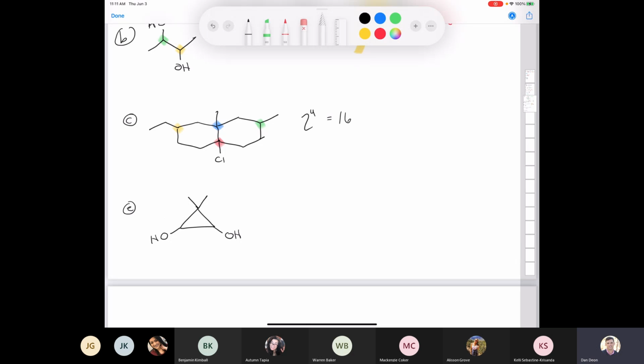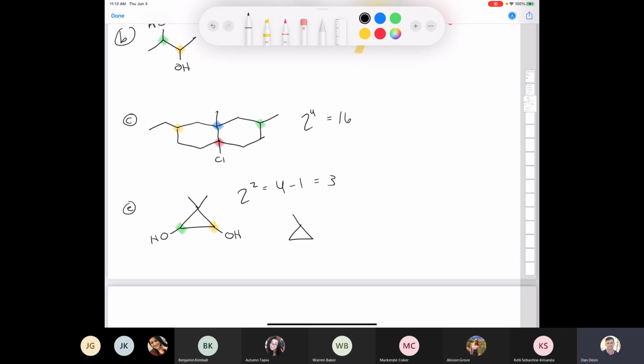Yeah, well, how many stereocenters are there? All right, we have a stereocenter. We have one here, and we have one here. So you might think that it would be 2 to the power of 2, which would be 4. But since there's a plane of symmetry down the molecule, we're going to subtract 1 for the meso compound, and we would end up with 3.